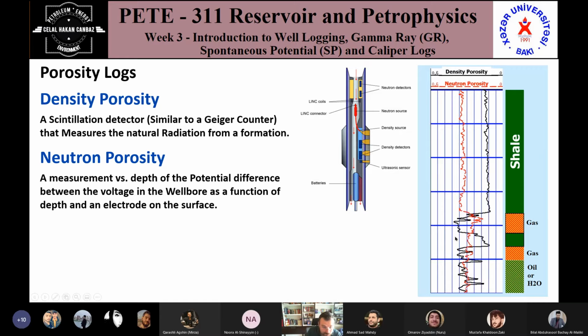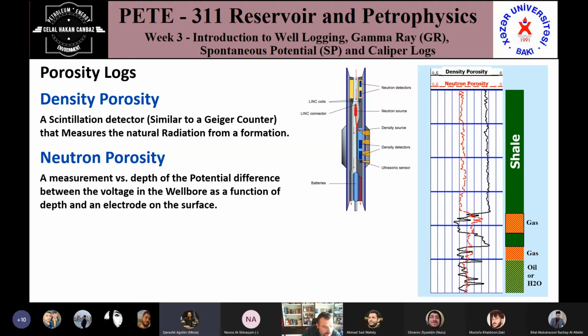You have to select both, because one of them just tells you whether it's shale or a formation which has more porosity. The other tells you it is shale or another formation, and what fluid is inside that, what type of fluid it is. Clear?